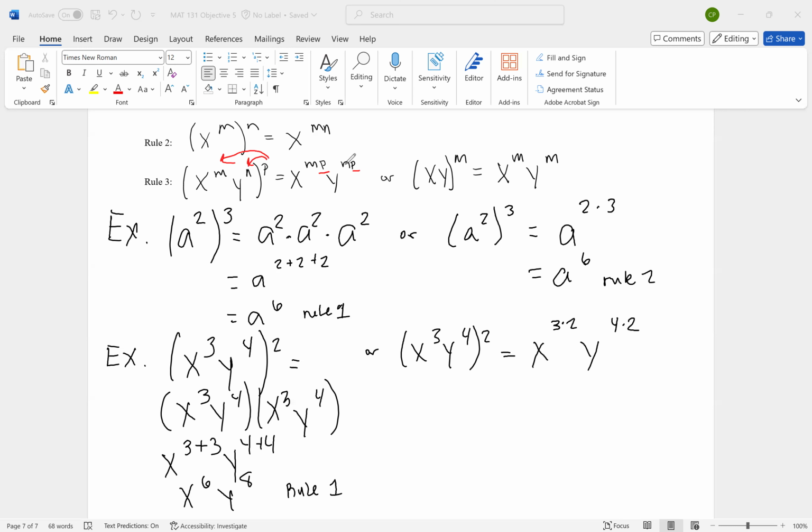If that's an easy way for you to think about it and remember what you're supposed to do, then okay. So when we simplify this, we will have x to the 6 and y to the 8. Same thing we got over here, we just used a different rule. So that is how you work rule number 3.